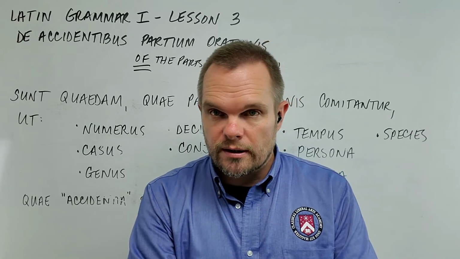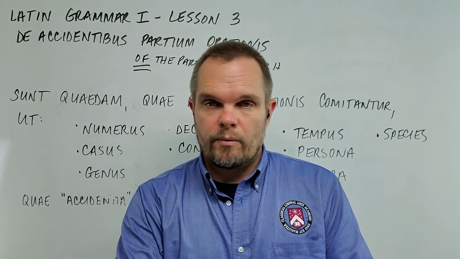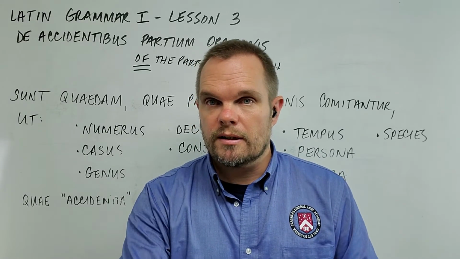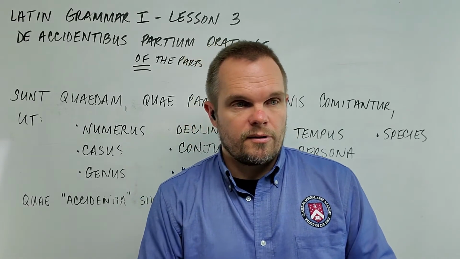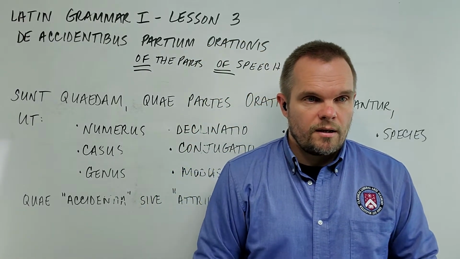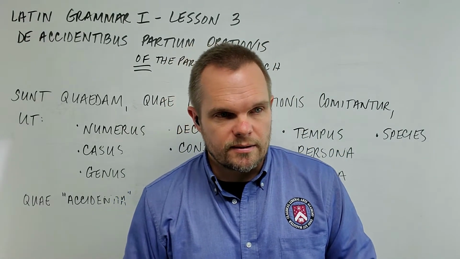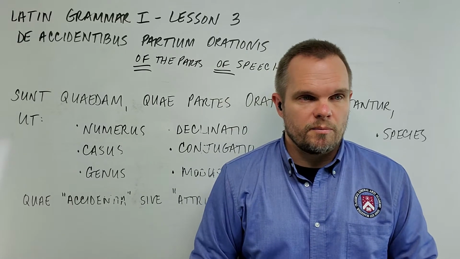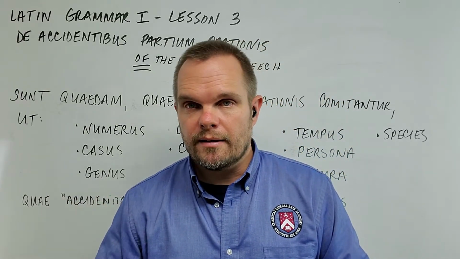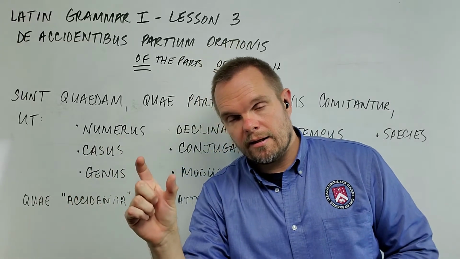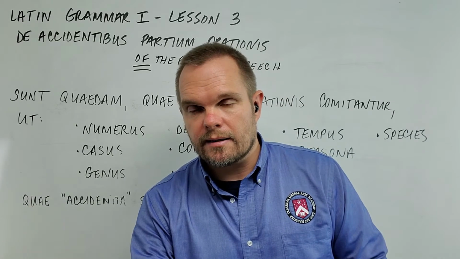So we have the first declension, where the genitive singular ends in AE, and now we have the second declension, where the genitive singular ends in the letter I. The third declension, tertia, cuius genitivus terminatur syllaba is, ut sermo, sermonis. The third declension, whose genitive singular form ends with the syllable is.